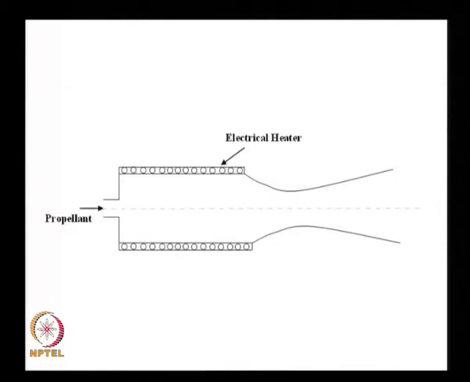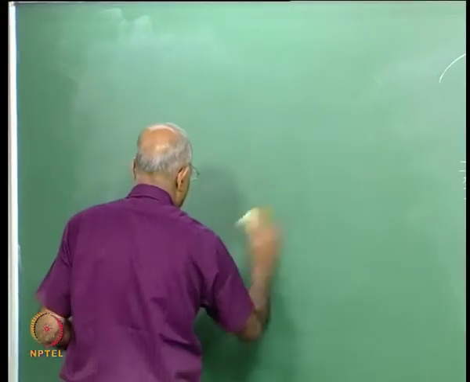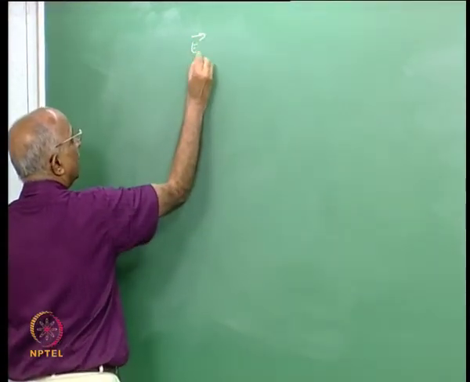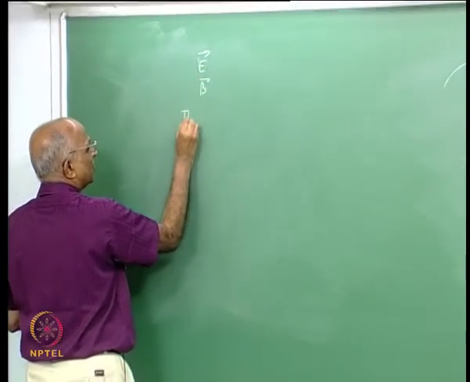We talked in terms of electrical rockets, and electrical rockets we essentially went into the principle of electrostatics, E bar, electromagnetics, B bar, how to generate thrust.